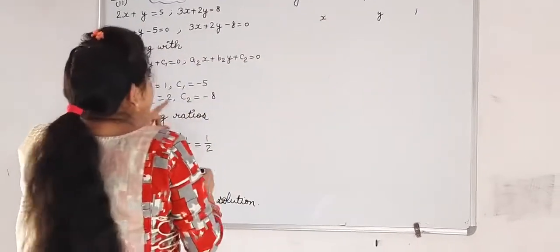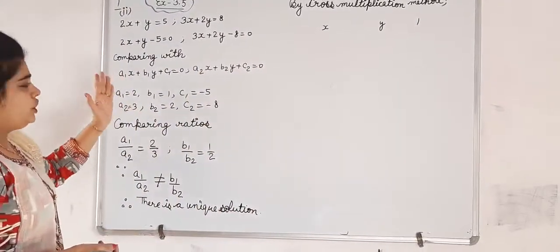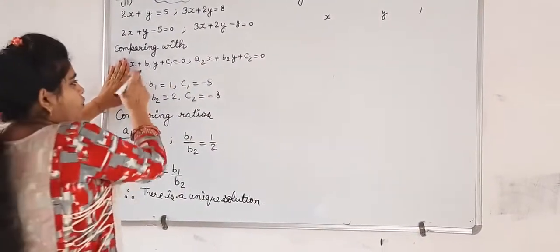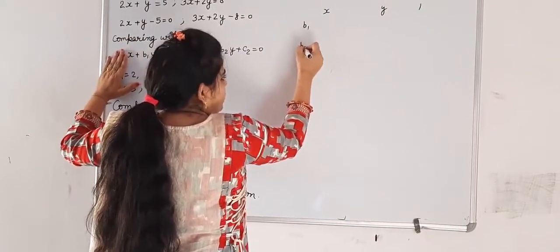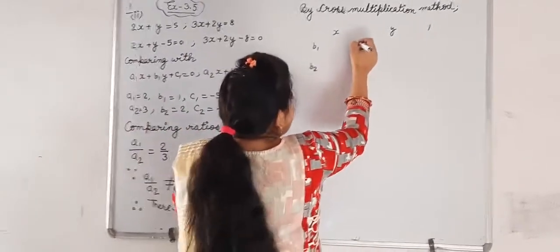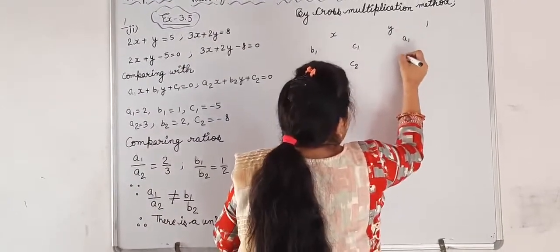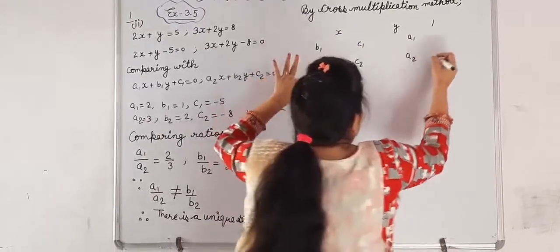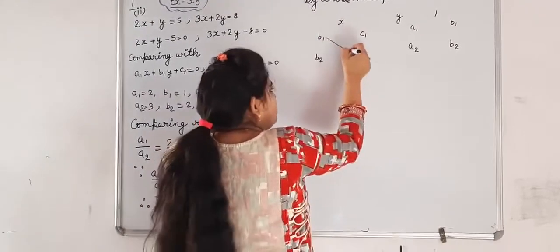If x is there, then leaving x, the coefficient along with x, the next coefficient is b1, b2, after this c1, c2, then a1, a2, then repeat b1, b2. Now cross multiplying.